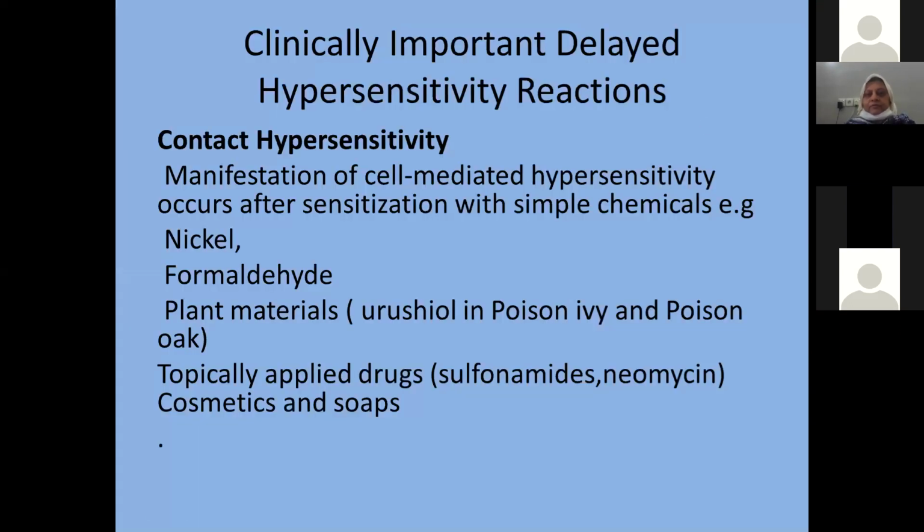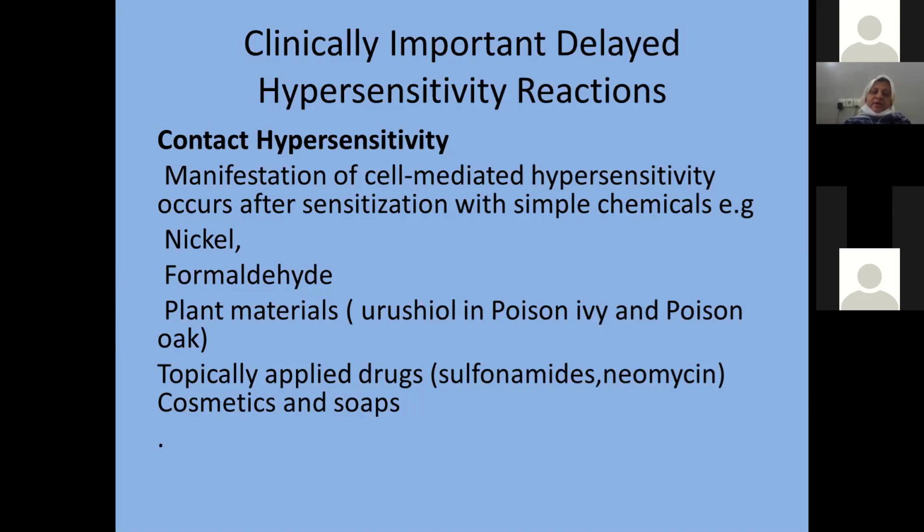So one type of type 4 or delayed hypersensitivity is contact hypersensitivity. The other type is known as tuberculin. Now in contact hypersensitivity, many of you must have experienced that if you use certain chemicals like cosmetics or certain soaps, oils, they cause an allergic reaction on the skin.